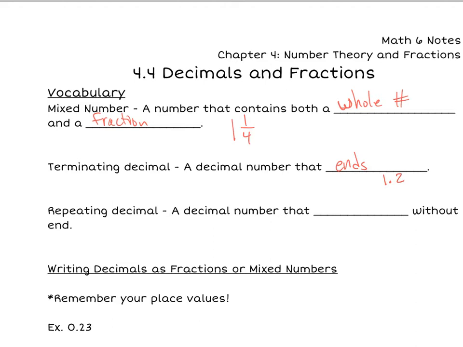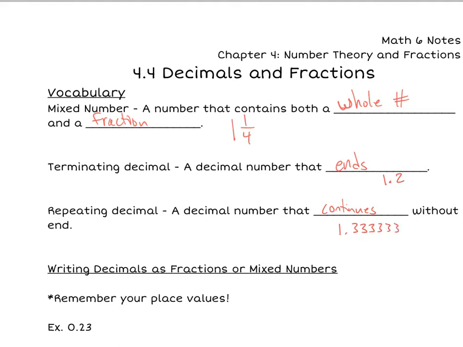A repeating decimal would be a decimal number that continues or repeats without end. Like 1.3, and the threes would go on forever and ever.